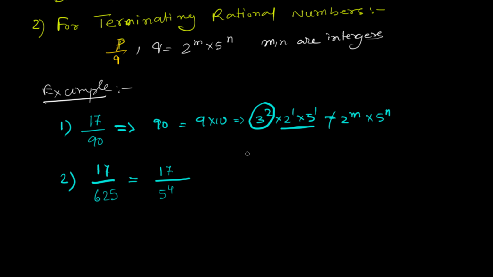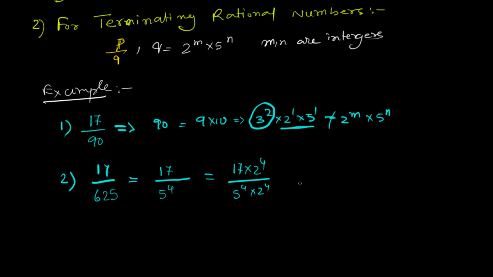That can be written as 17 into 2 to the power 4 divided by 5 to the power 4 into 2 to the power 4. We always need to equate the powers of the 2 and 5 that we have in the denominator.